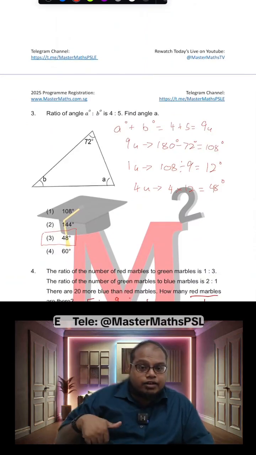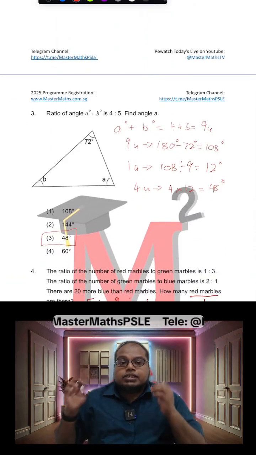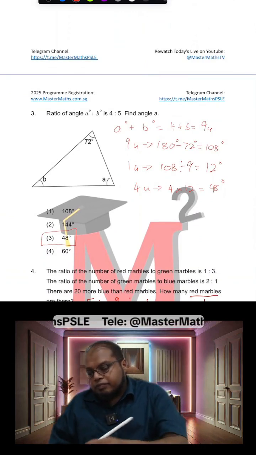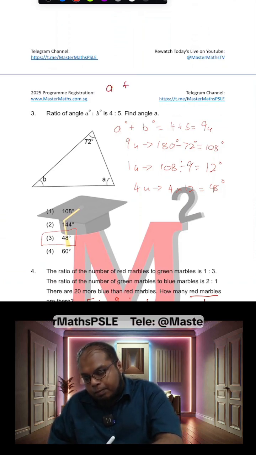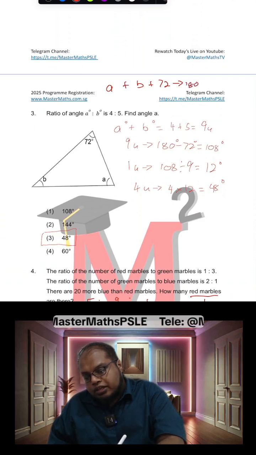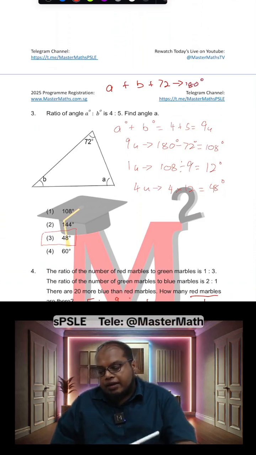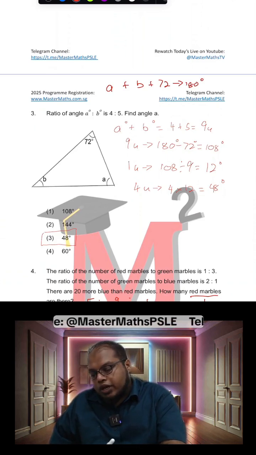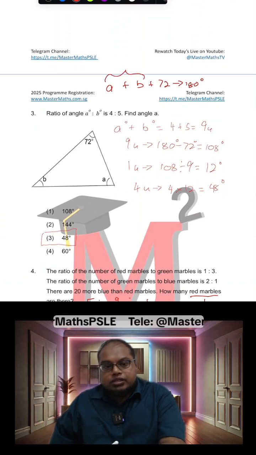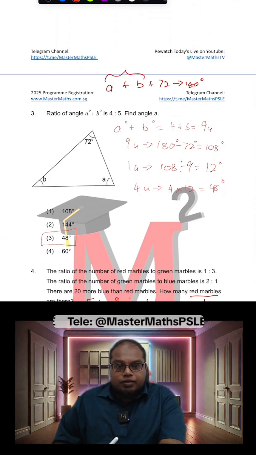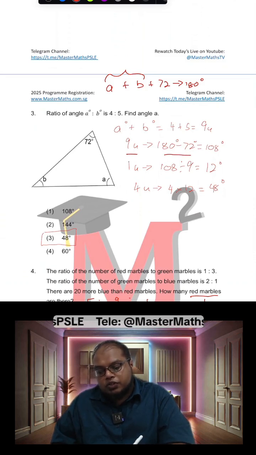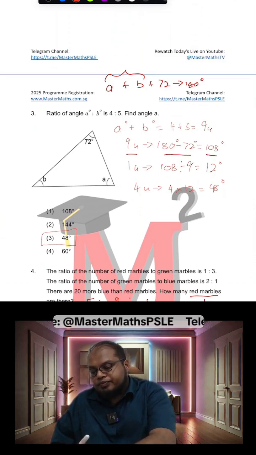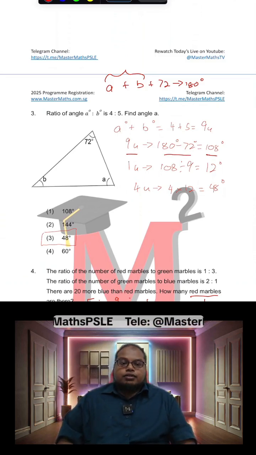Alright, the next one was on the triangle. The clue I gave was the sum of angles in a triangle is 180 degrees. So if you have A plus B plus 72, this will give you 180 degrees. At the same time, we know that this here is 4 units and 5 units. That's why 9 units is 180 minus 72 degrees, which equals 108 degrees.